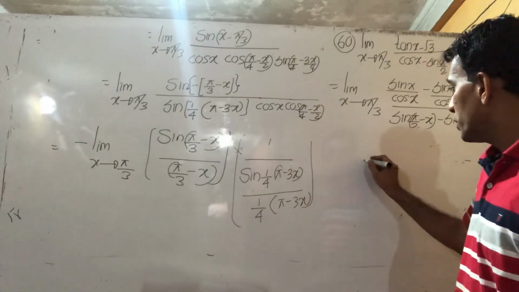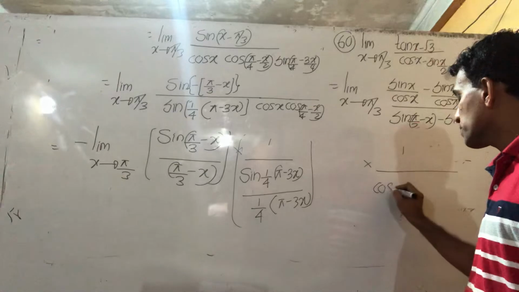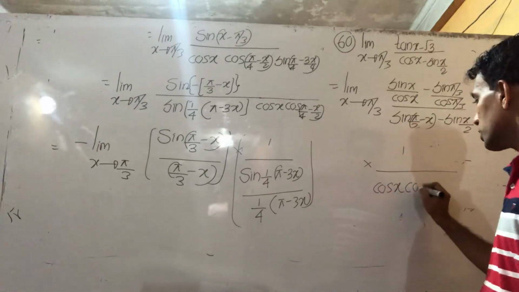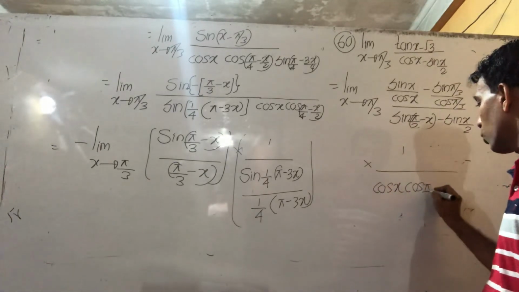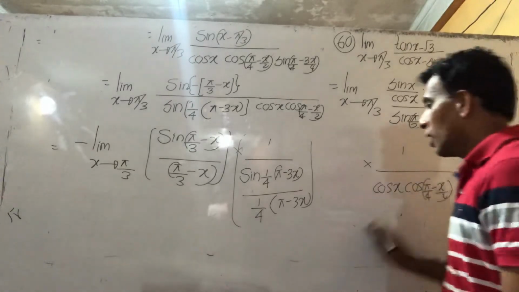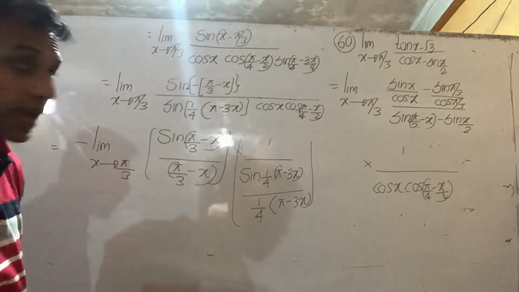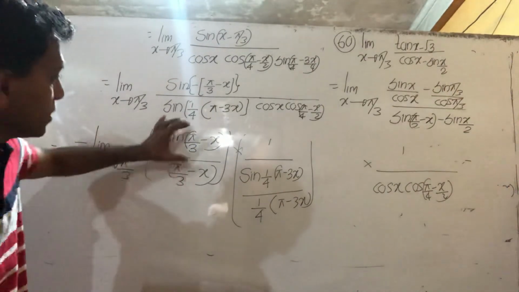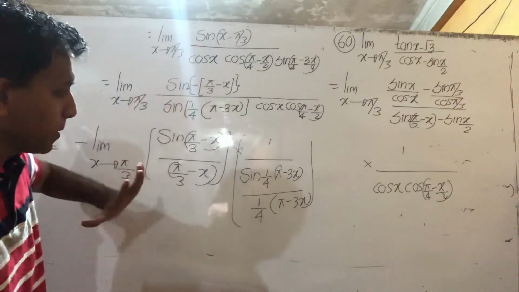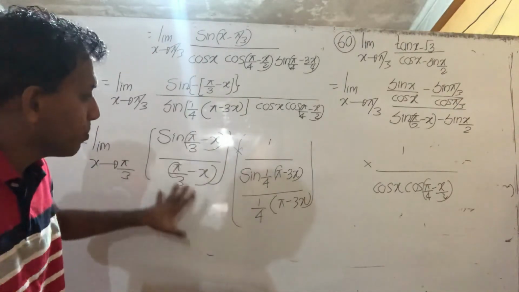And already we have this 1 over cos x, cos of pi by 4 minus x by 2, right? Now I leave a space here to show the additional part to be cancelled. Now check the additional part. This is okay, that is okay, this is okay. These parts are the additional part.